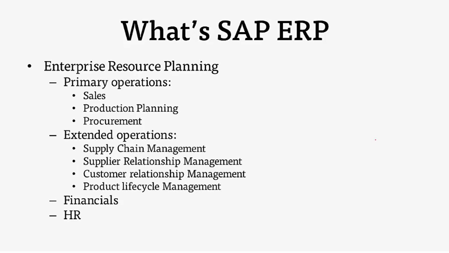SAP ERP offers a broad suite of products, and its core functionalities and concepts apply to standard business processes. In the meantime, you can also customize the configurations to adapt to your industry and company-specific needs.